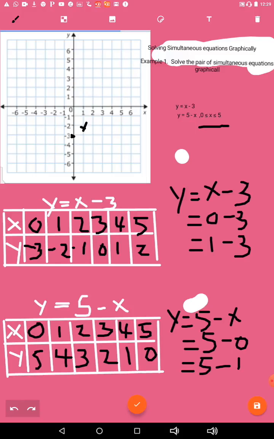It's not really accurate, but you can see it. Now 2 on x, so 2 to the right and 1 down. Okay. Now 3 on x and 0 down, so we're going 3 on the x-axis and we're not moving on the y.